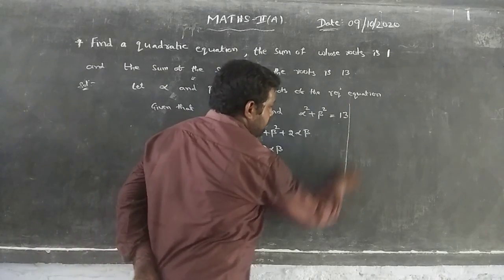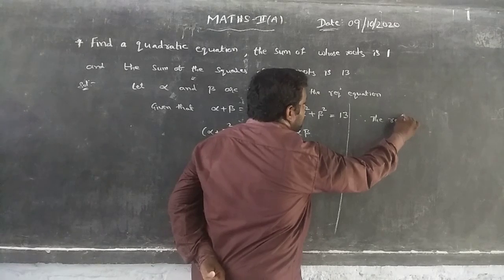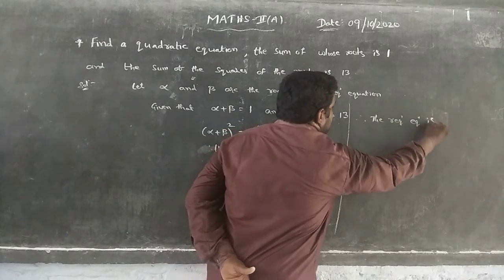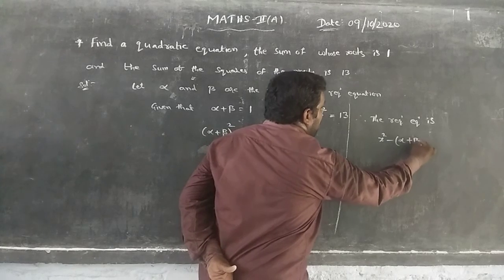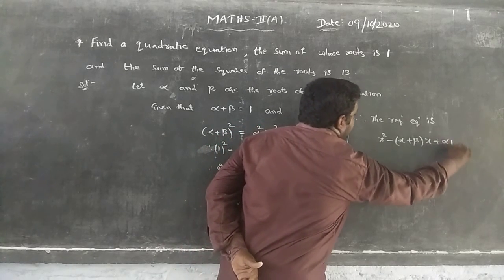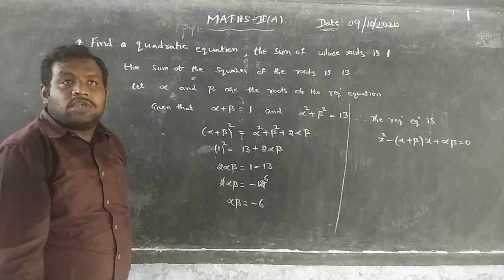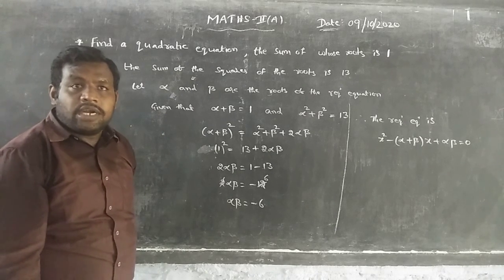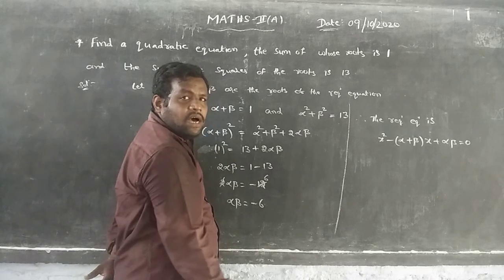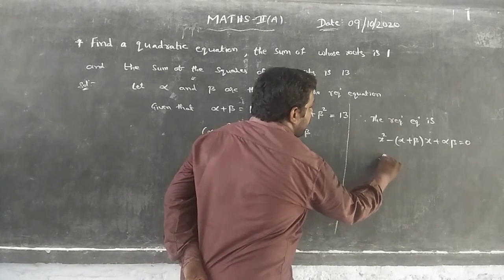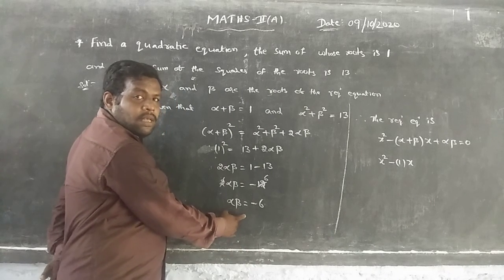Therefore the required equation is x square minus (alpha plus beta) x plus alpha beta is equal to 0. If alpha and beta are the roots of a quadratic equation, then the form is x square minus (alpha plus beta) x plus alpha beta equal to 0. We already know alpha plus beta is 1 and alpha into beta is minus 6.